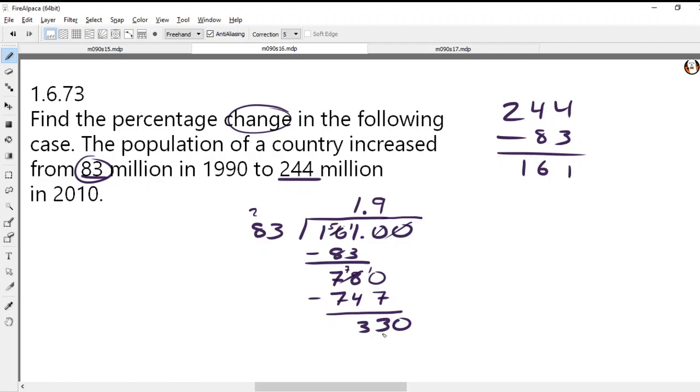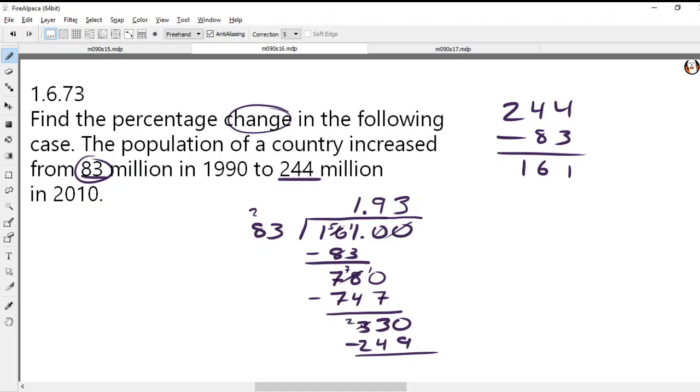83 going into 330. 8 goes into 33 4 times, but that's going to be too much. It's going to be 3, I think. So 249 after we multiply.